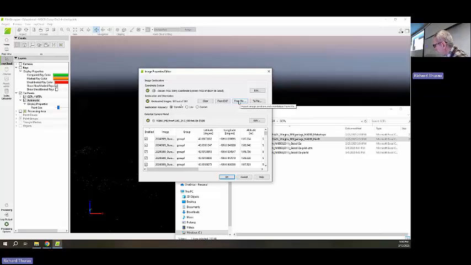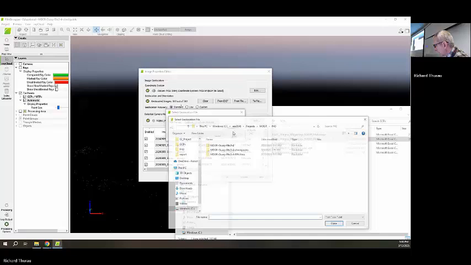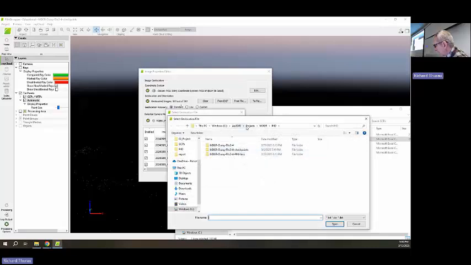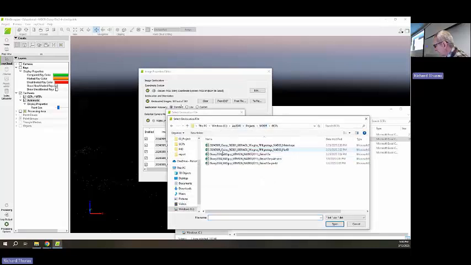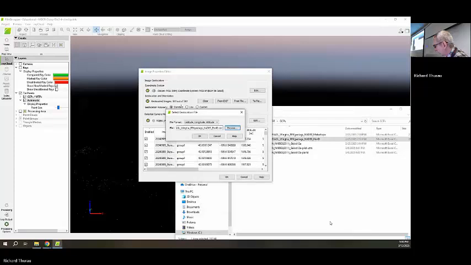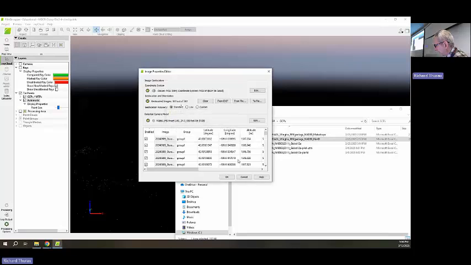All right. So right now it's reading it right off the images, but I'm going to hit From file. So now I'm going to navigate to my GCP folder. I'm going to pick the NAD83, and I don't remember if it went lat long or long lat. But let's see what happens. Okay.